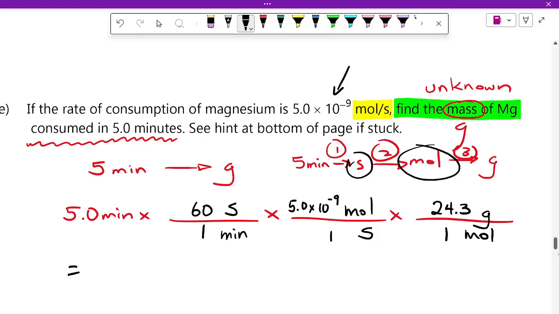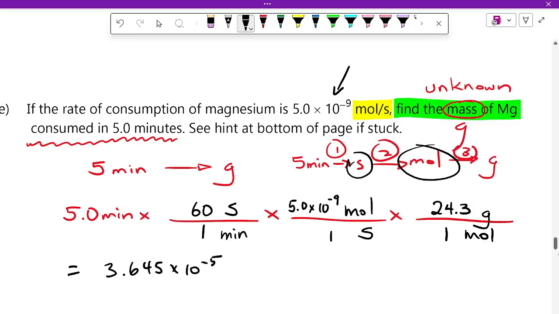So we do that calculation: 5 times 60 times 5e negative 9 times 24.3 equals 3.645 times 10 to the negative 5.